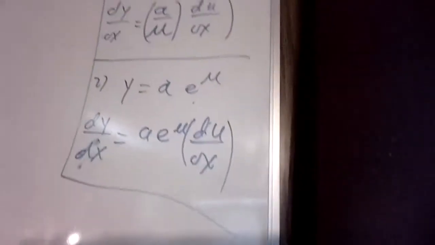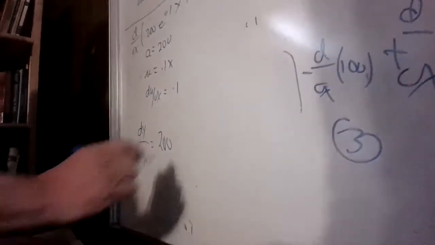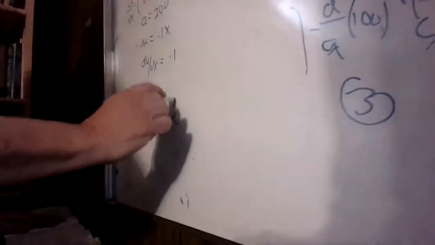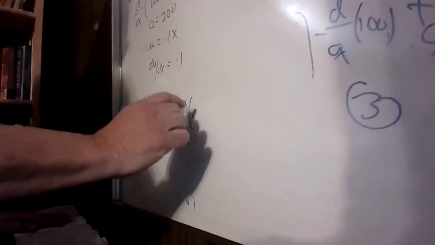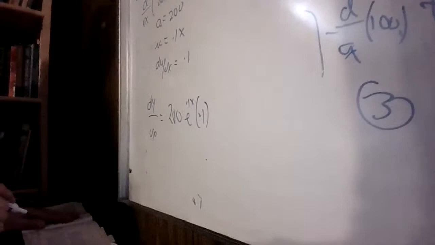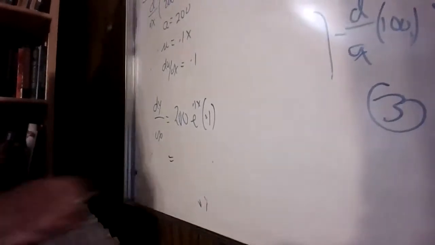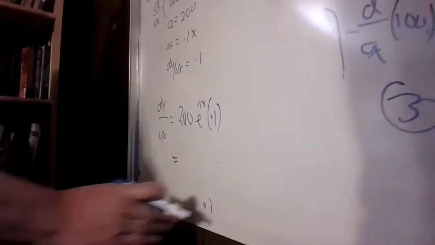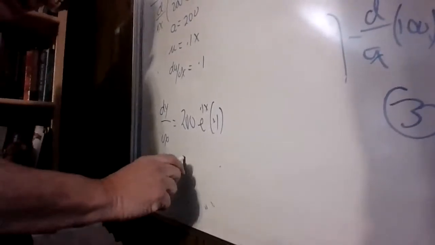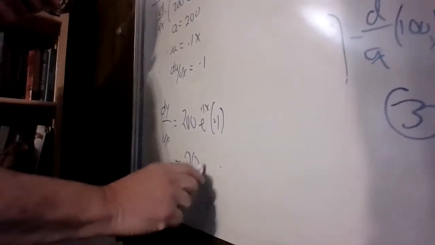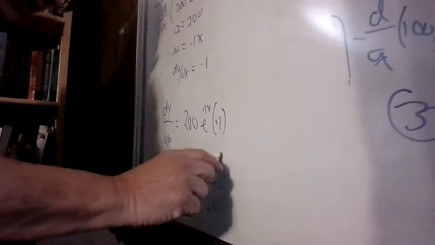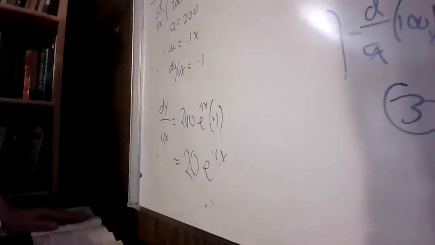So let's go into this equation here now and just find the derivative. That's 200 times the exponential, e to the 0.1x, times 0.1. Okay? 0.1 times 200 is 20, right? That's 20 e to the 0.1x. And that was called term 3.